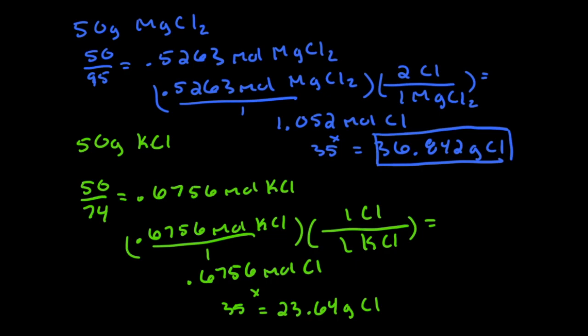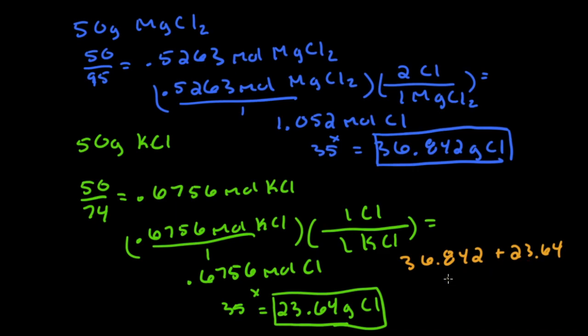Now to get the percent composition of the Cl, I'm going to take the 36.842 and add it to 23.64, and when I add those up, that would be 60.4 grams of Cl.